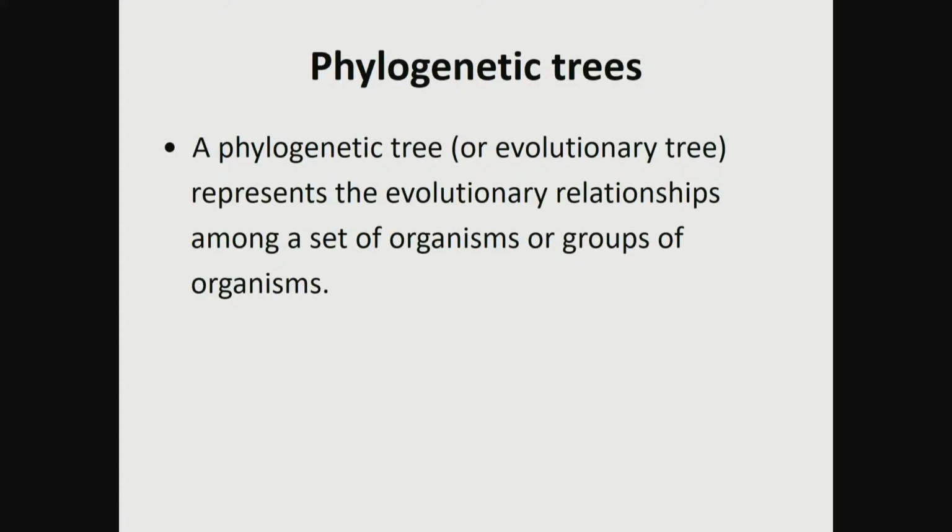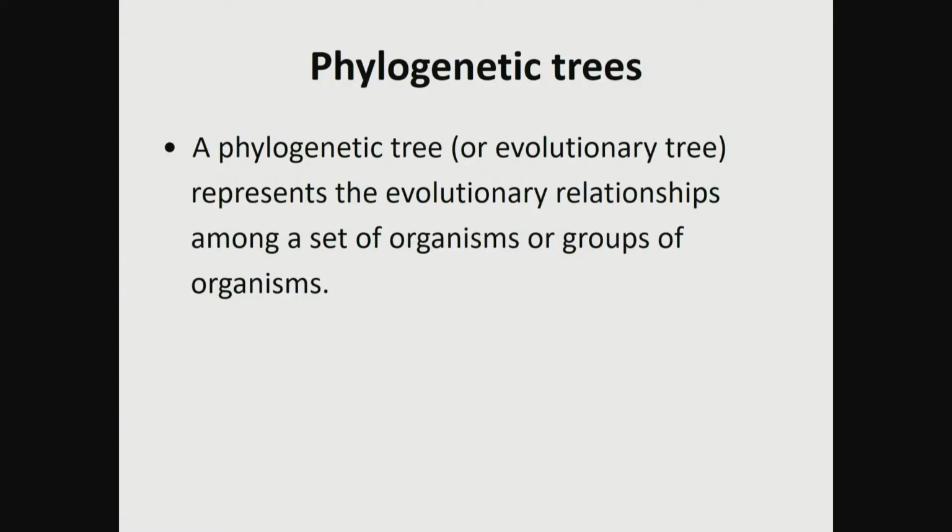Then the phylogenetic tree, always a phylogenetic tree in evolution, is where we look at the evolutionary relationship among a set of organisms or a group of organisms.